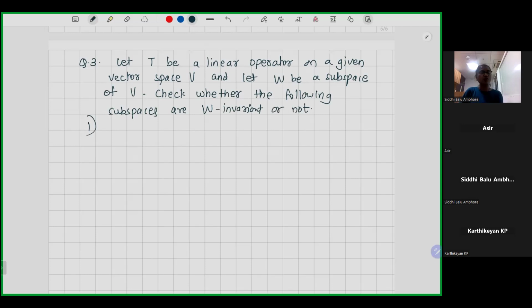Okay, so we have to check whether, for the given linear transformation and the given W, it is invariant.